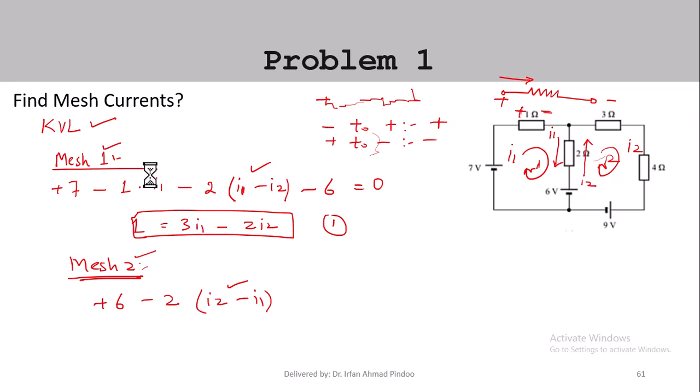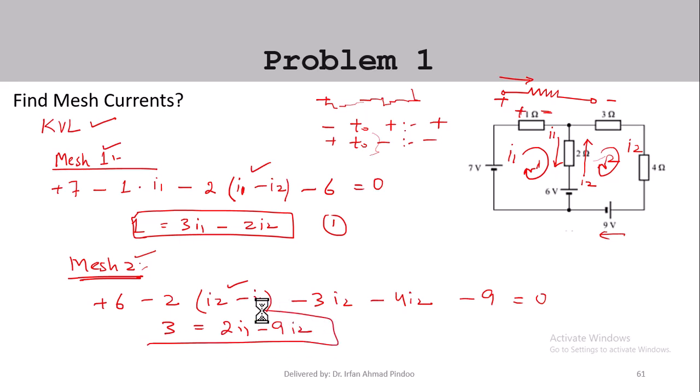So check the reference value, that value you should write first. It's very simple. Then we have minus 3I2 minus 4I2, then we have this 9 volt battery also equal to 0. So once you solve this, you will get 3 is equal to 2I1 minus 9I2.